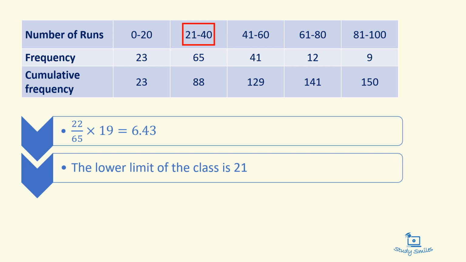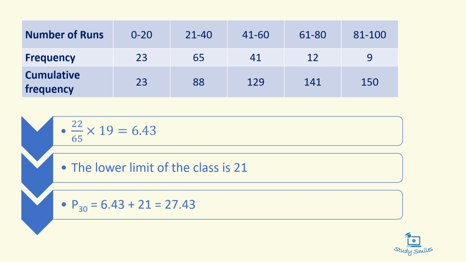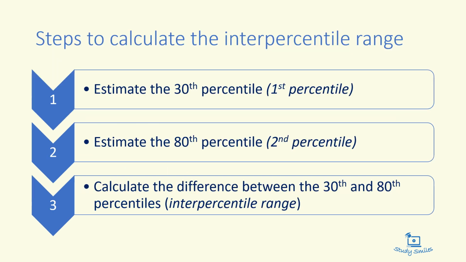The lower limit of the class 21 to 40 is 21. So if we add these together, it means the 30th percentile is estimated to be 27.43.